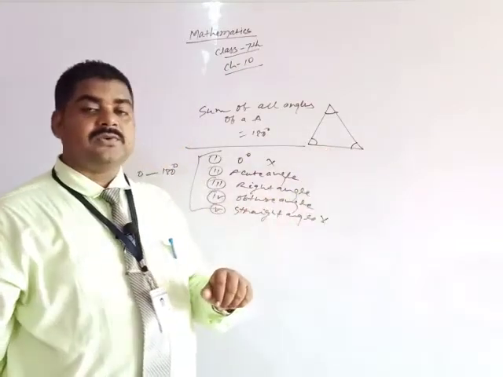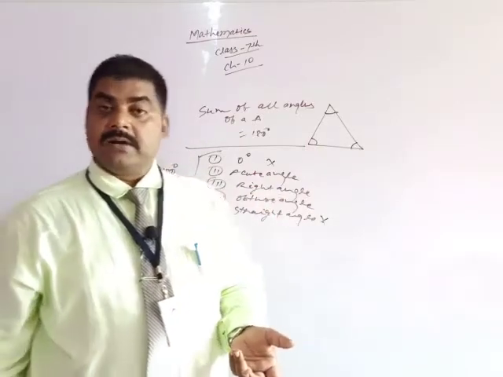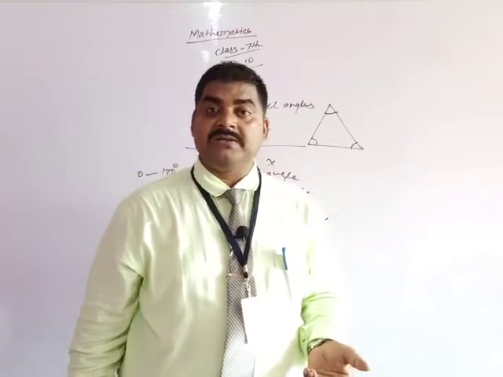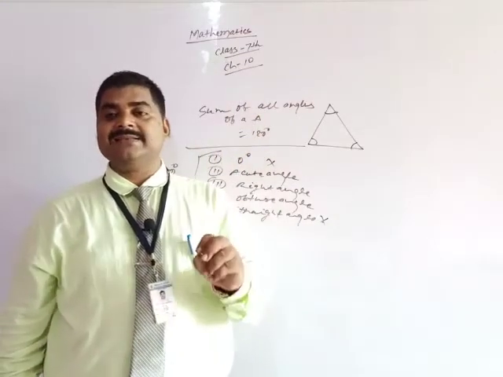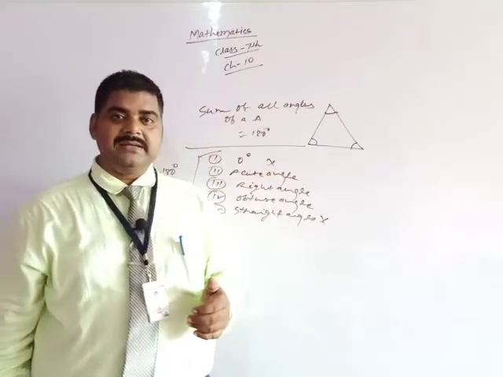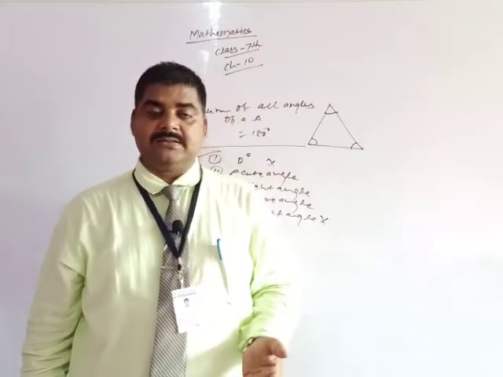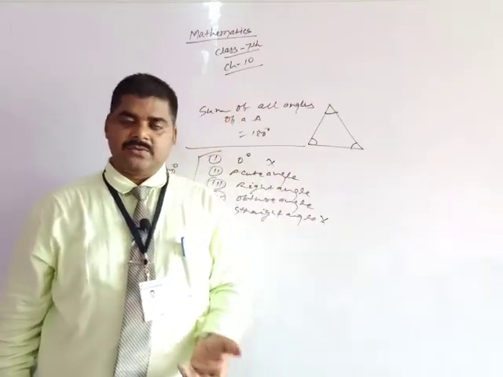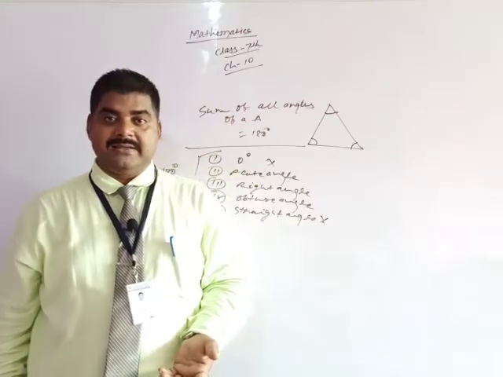And second thing also: if one angle is 180 degrees, but we know by the angle sum property of the triangle that the sum of all 3 angles is equal to 180 degrees, then the remaining 2 angles must be 0 degrees.